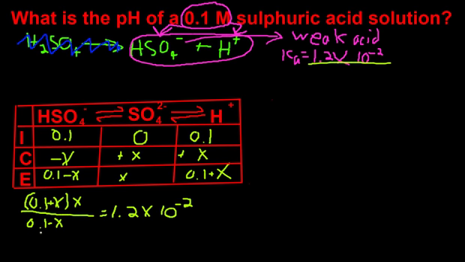And you do your quadratic and everything, and you end up with x equal to 0.009848.